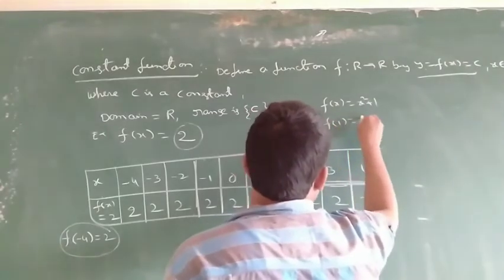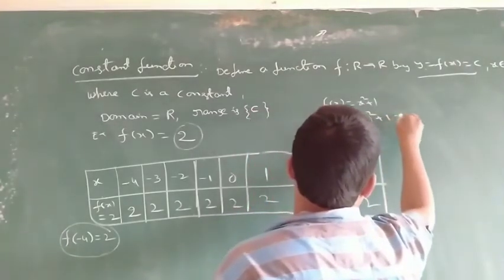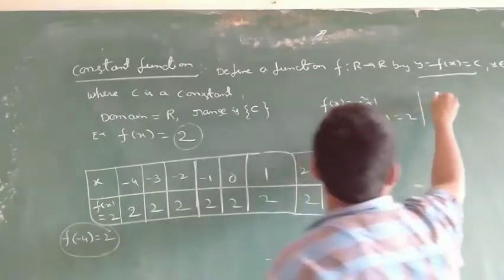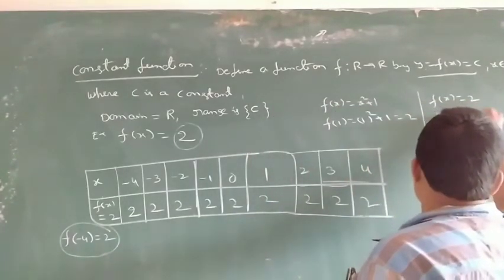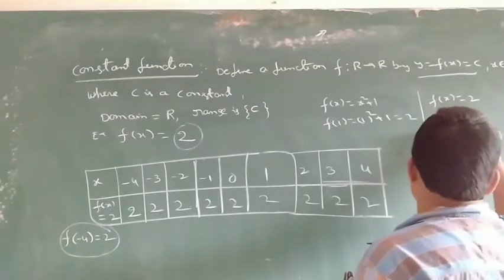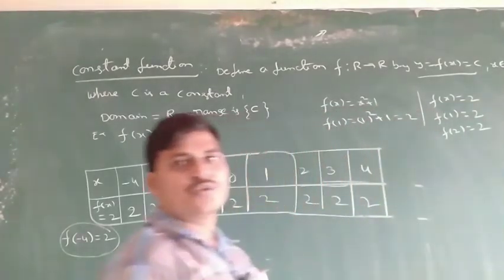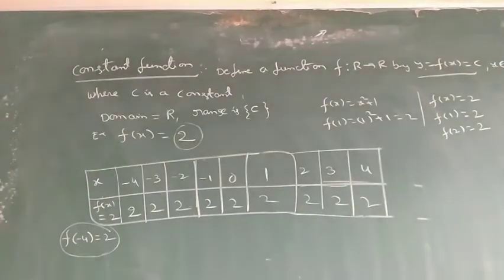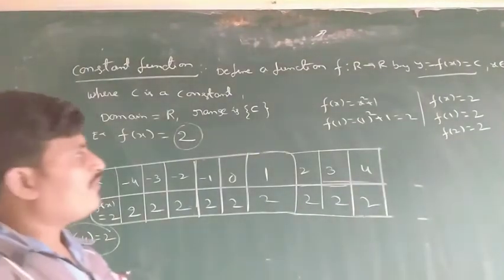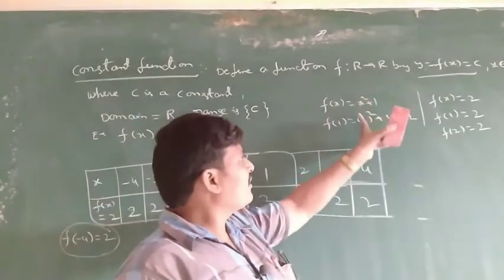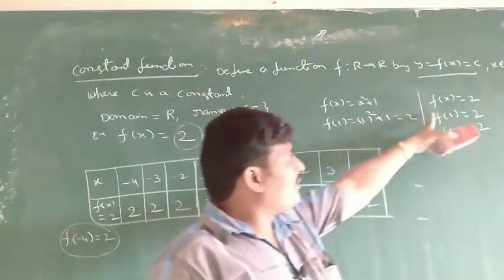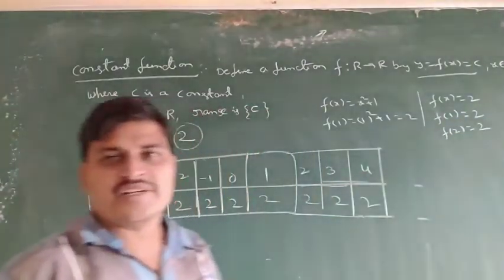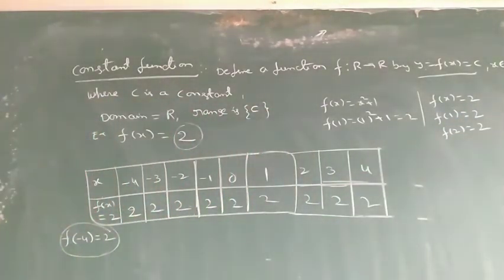F of 1 is equal to 1 square plus 1, which is 2. In the same way, f of x is equal to 2 means f of 1 is also 2, f of 2 is also 2, f of 10 is 2, f of 20 is 2. 2 is not a variable. With a variable you apply the x value and get another value. But f of x is a constant, there is no variable, so f of x is always 2.